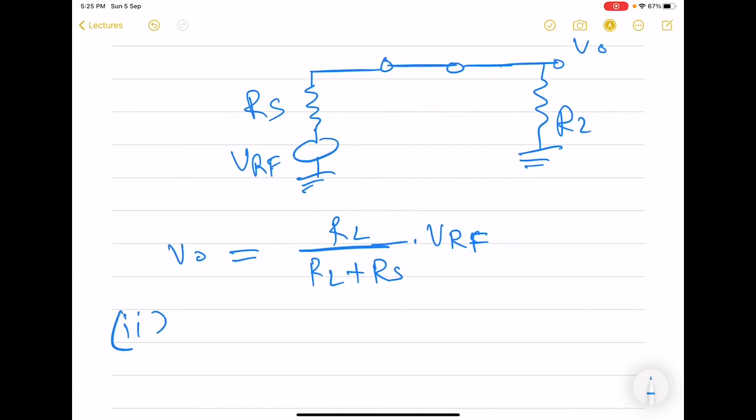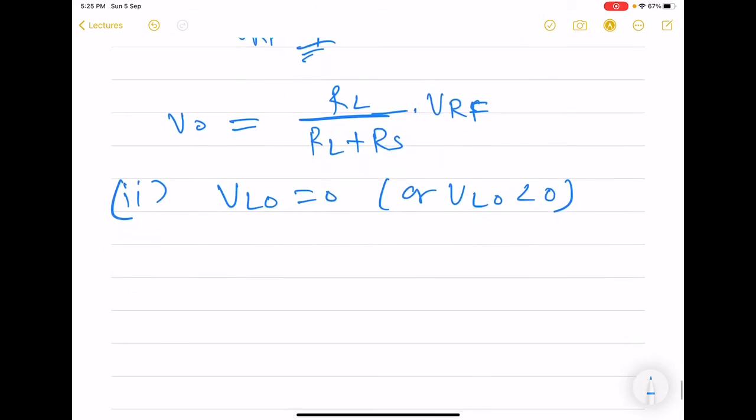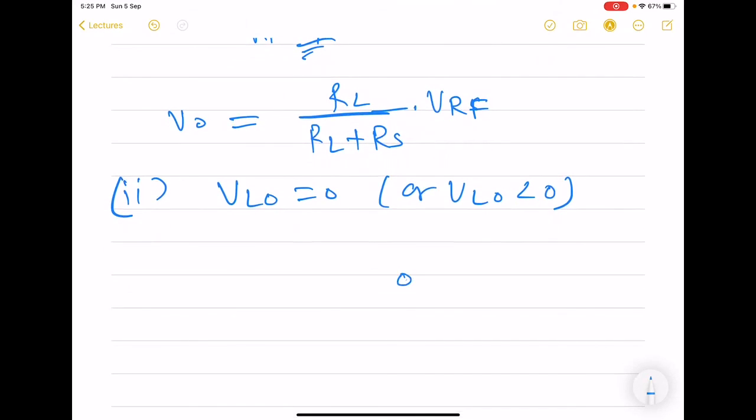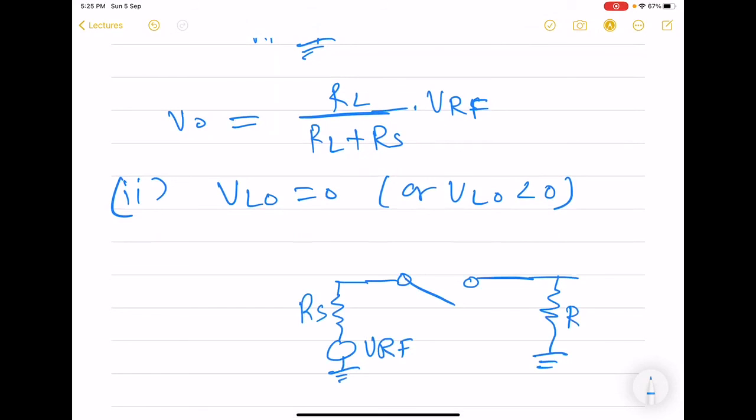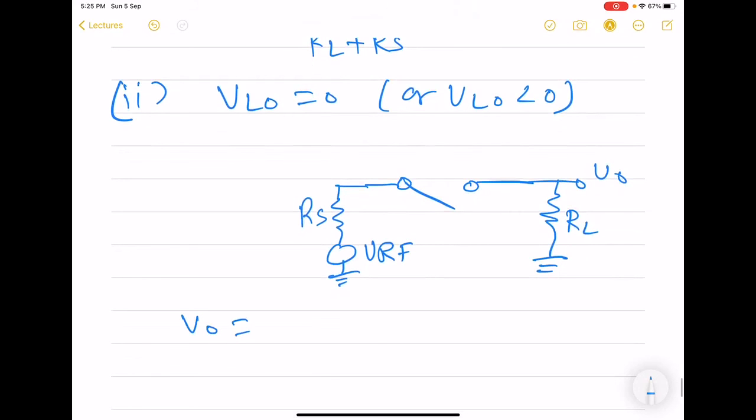Now for the second case, when VLO is 0, or if you want to take negative VLO, in this case MOS is going to be open circuited. So here we see that output remains same because it is 0.